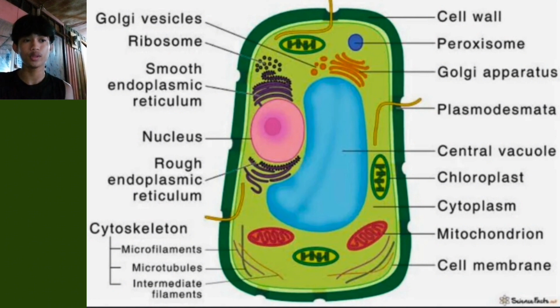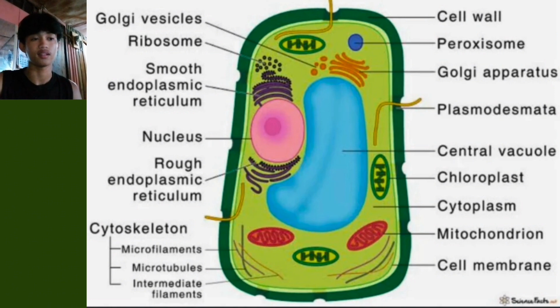If we have smooth endoplasmic reticulum, we also have rough endoplasmic reticulum, which is a cellular structure studded with ribosomes, playing a key role in protein synthesis, folding, and transport within the cell.